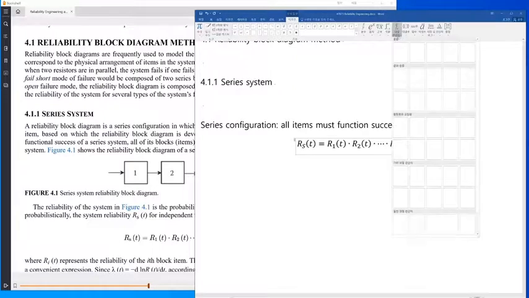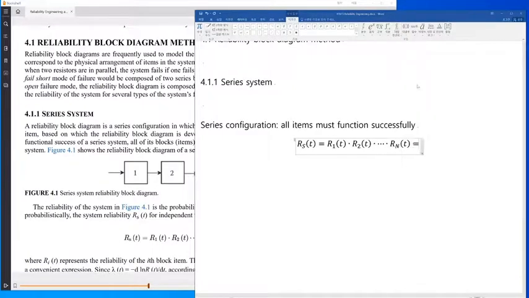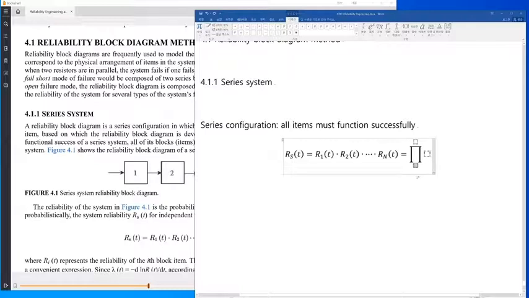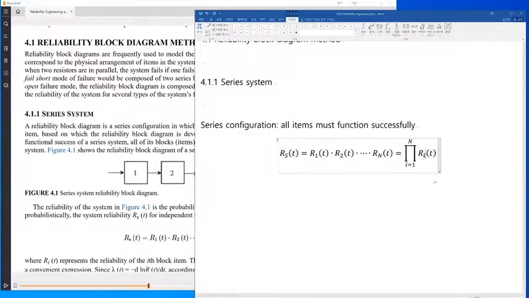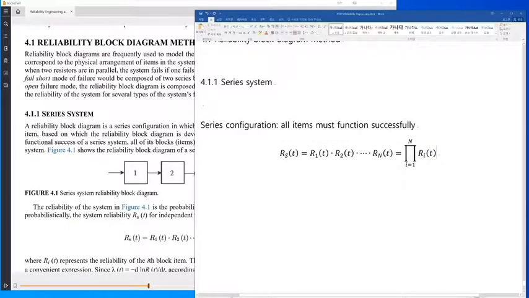So basically what we need to calculate is the product, when i equals 1 until i becomes n, of R_i. So in the case of a series system, the reliability of the system can be calculated as the product of the reliabilities of all components.